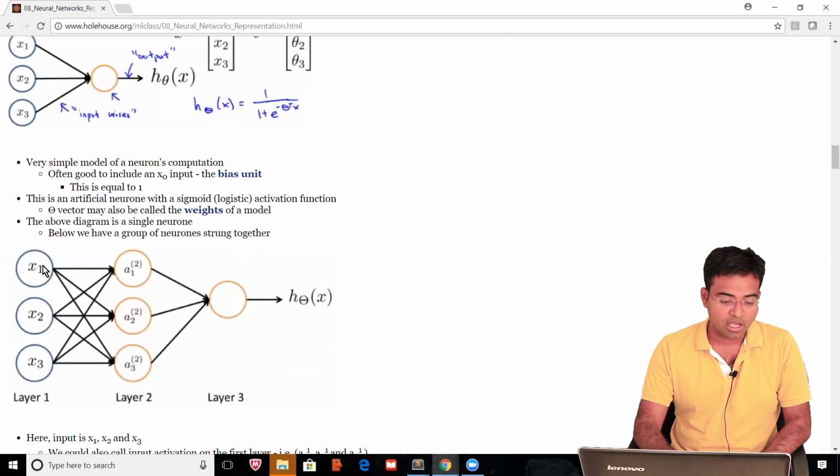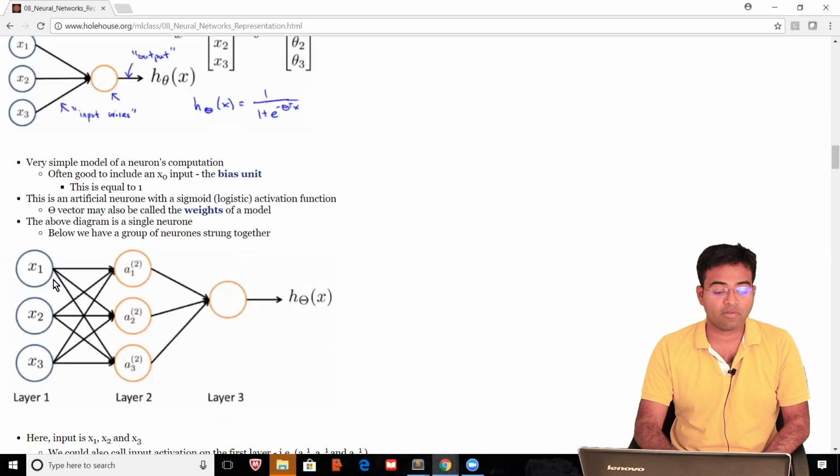In this case, x1 is coming to A3, x1 is coming to A2, and x1 is coming to A1. So the value x1 is getting as an input through three different units similar to the nucleus. These are activation units. We'll discuss these later.